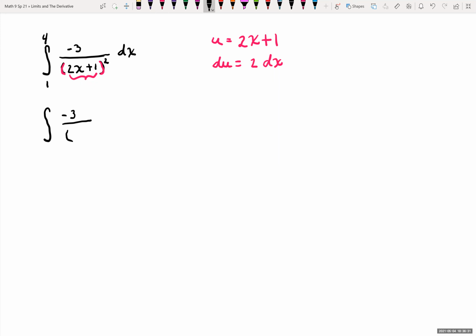And then in here, we have u squared. But we are now in terms of u, not x. So we want to rewrite dx. We could solve for dx here. We could divide both sides by 2, and we would get dx is du over 2.